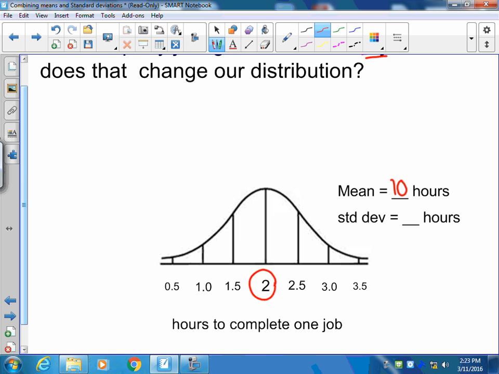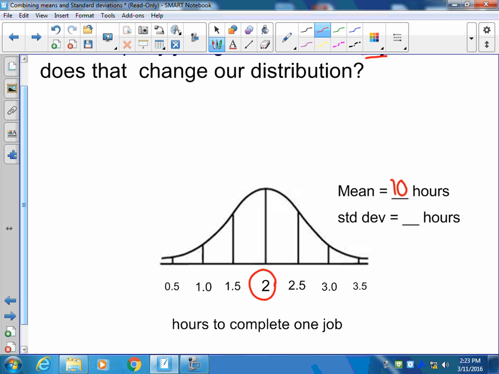Okay, now, how about standard deviation? Think about what's going to happen with the standard deviation here. We're going to do 5 of these 2-hour jobs. Every job has its own standard deviation.